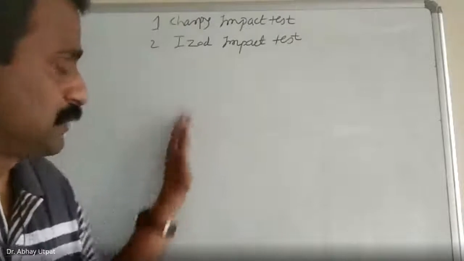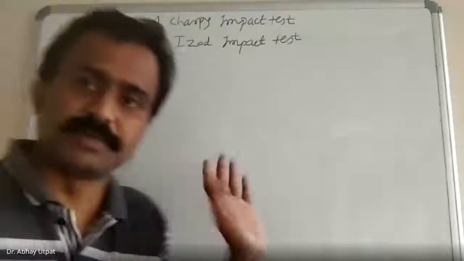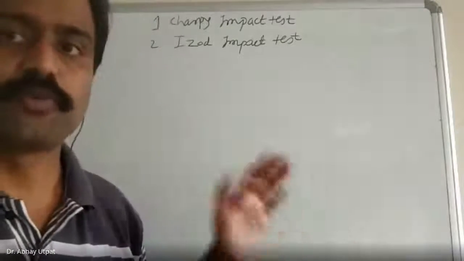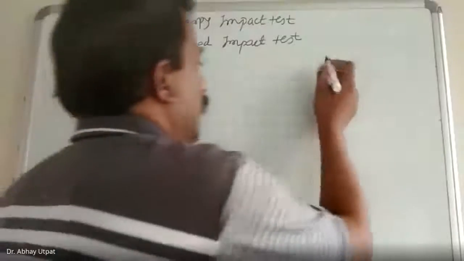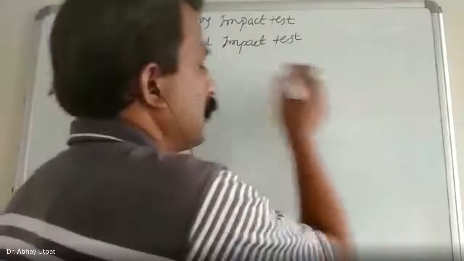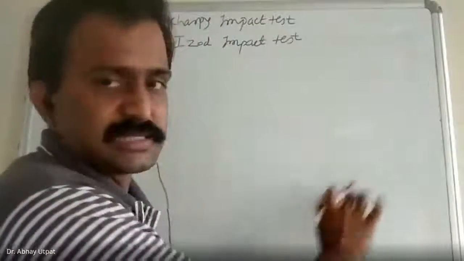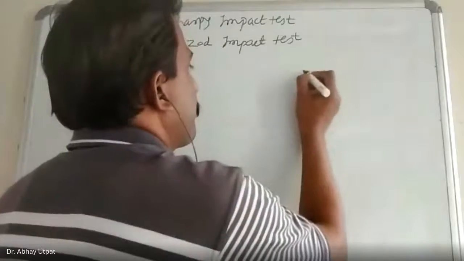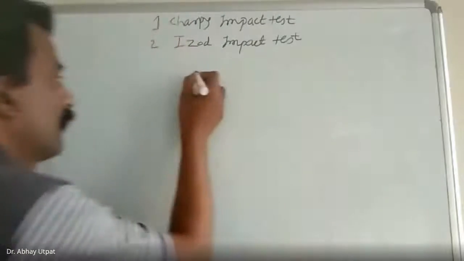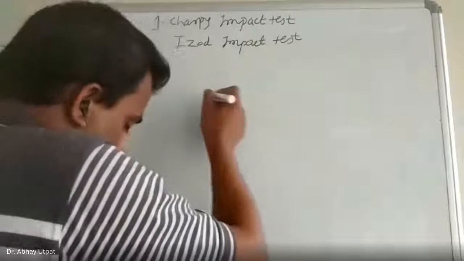Before I explain it on a comparative basis, let us see how the machine is. I will draw the schematic diagram. You also draw along with me. Impact testing machine. I will erase it afterwards, but I will draw here.